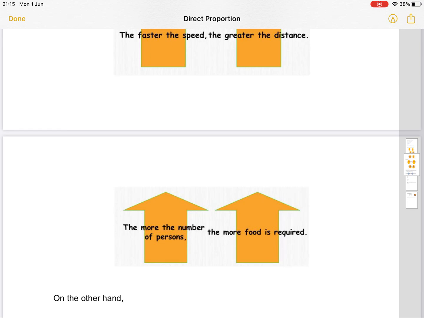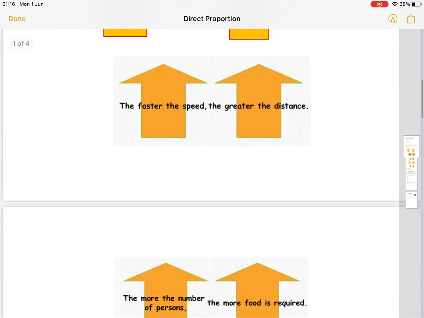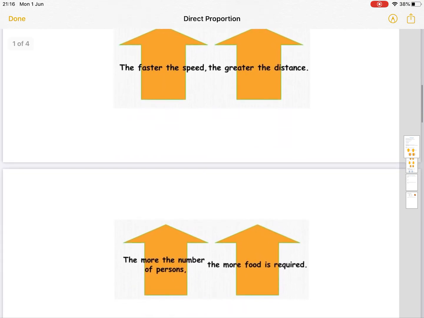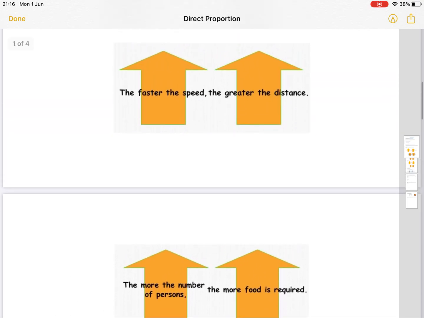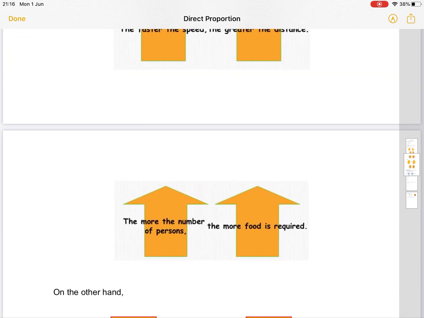You increase the number of persons, so you have to increase the amount of food that is required, alright? They are both increasing, okay? So in these three cases, in the case of apples, in the case of speed and distance, in the case of persons and food, alright, we are talking about direct proportion because the quantities are both increasing, alright?